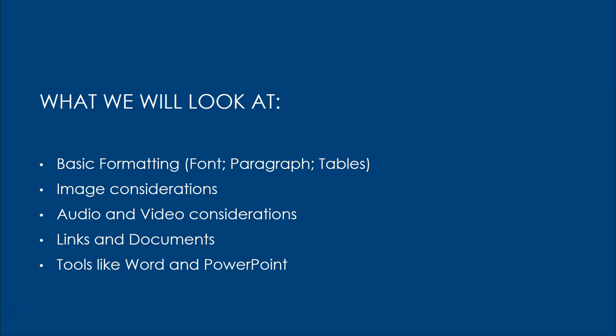What about paragraph formatting? What about tables? Things like that. Image considerations, things you should be thinking about when choosing and selecting images for your course material. Audio and video considerations, links and documents.